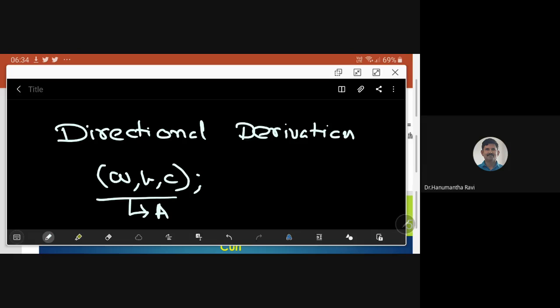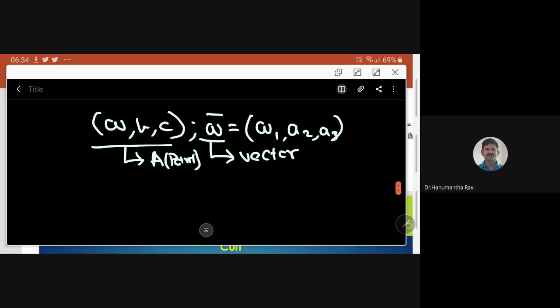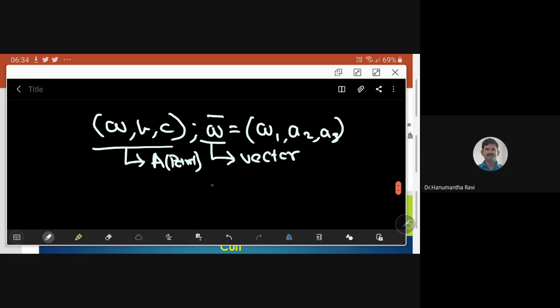That vector, I say a bar, is a1, a2, a3. This is a vector. We can also write this as a1 i bar plus a2 j bar plus a3 k bar, if you want.